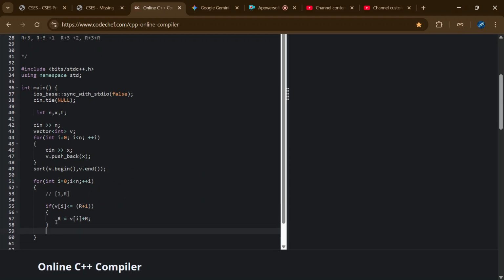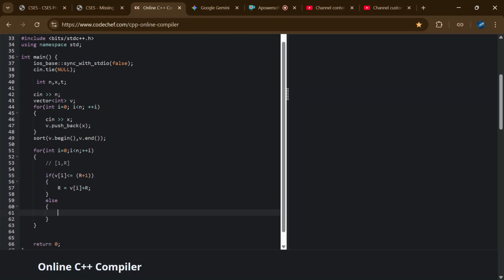And if it is not the case, if v of I is greater than r plus 1, we have got our number, else let's break.